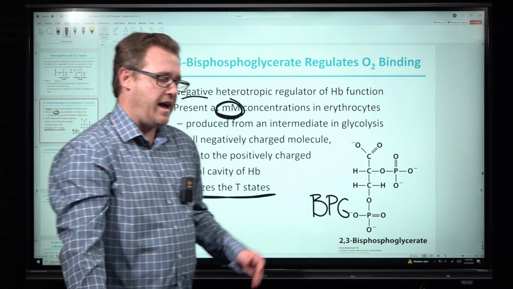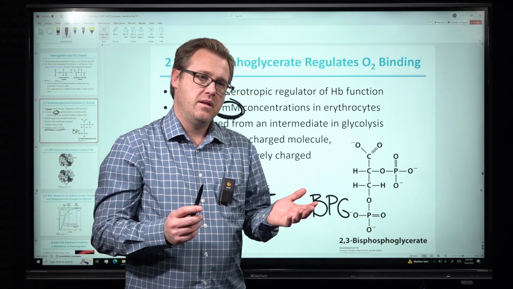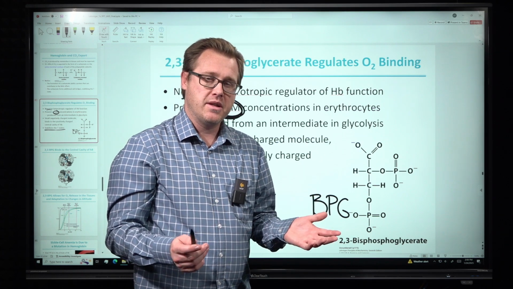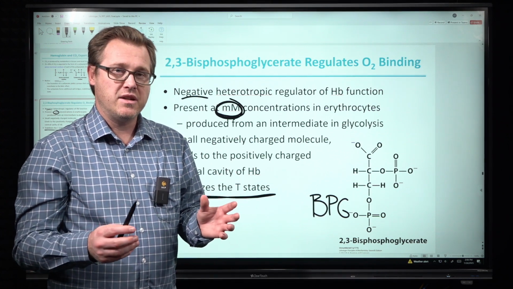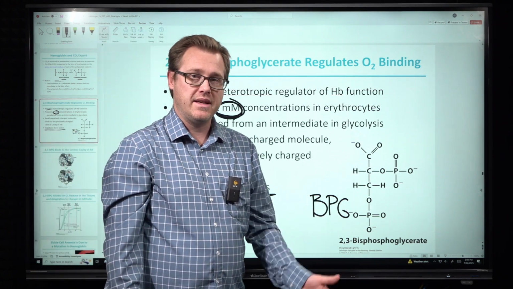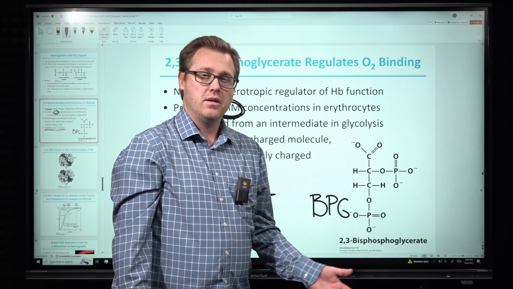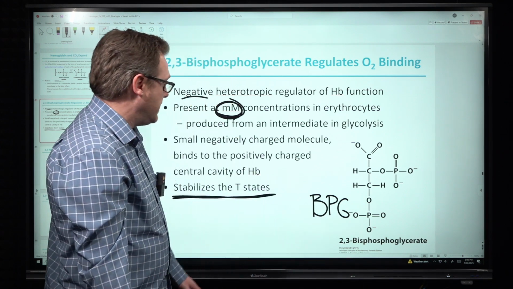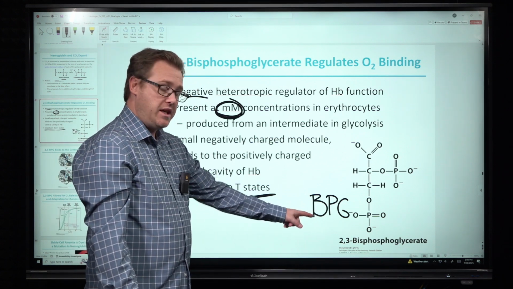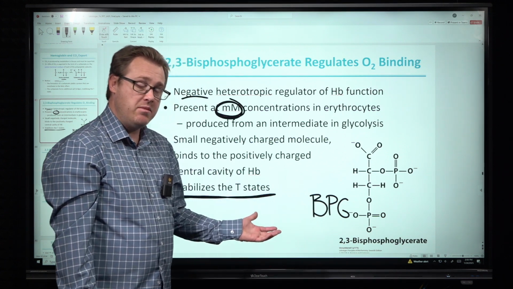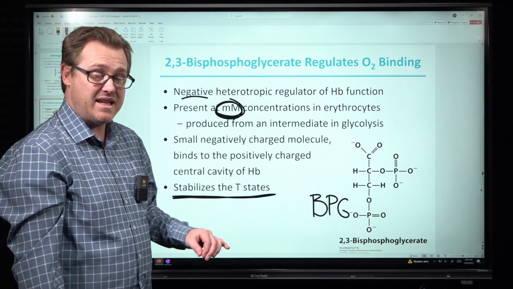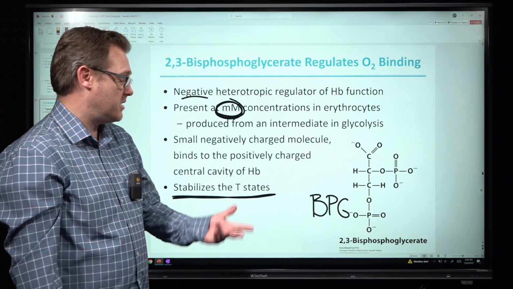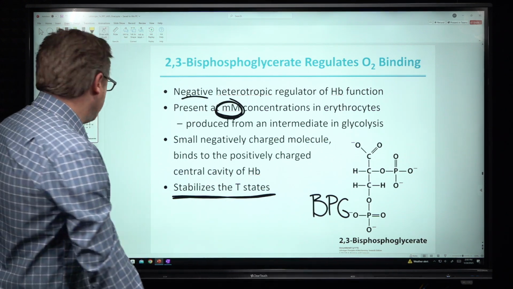And if that's true, then we've learned up to this point that the T state is the conformation of hemoglobin that promotes the release of oxygen, or low affinity. So that's exactly what BPG does, when it binds to hemoglobin, it's going to stabilize the T state in such a way so it can release the oxygen.